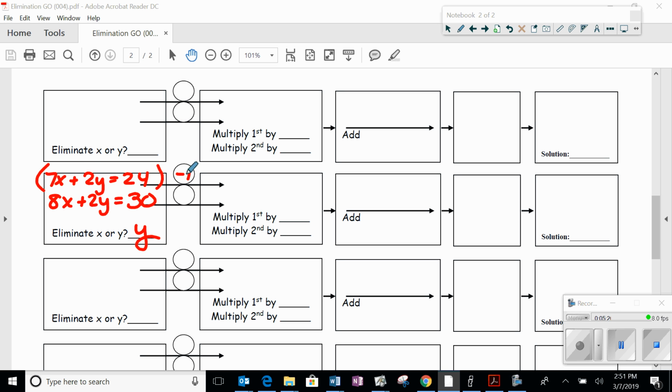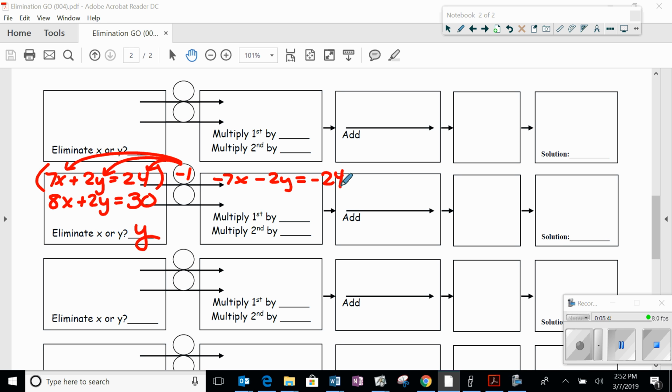So -1 times 7x becomes -7x. -1 times 2y becomes -2y. -1 times 24 becomes equals -24.